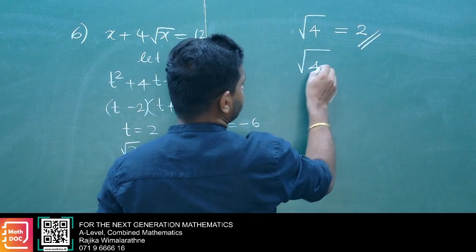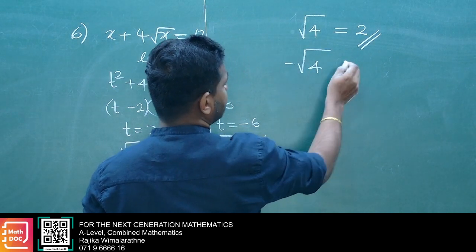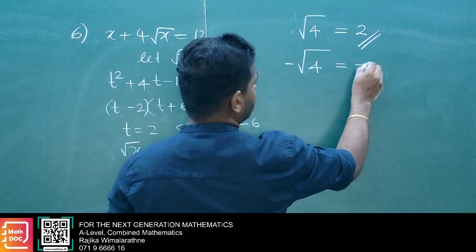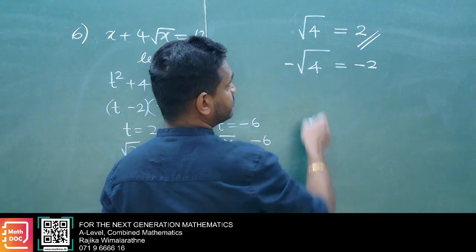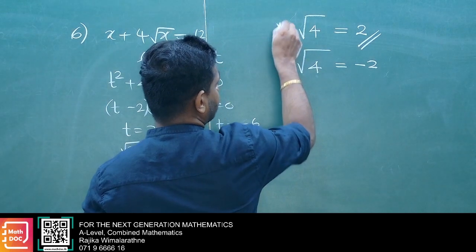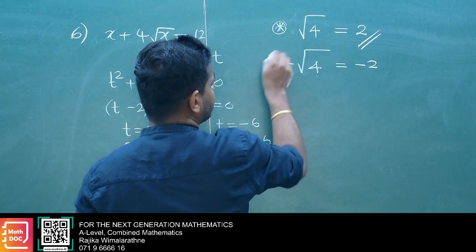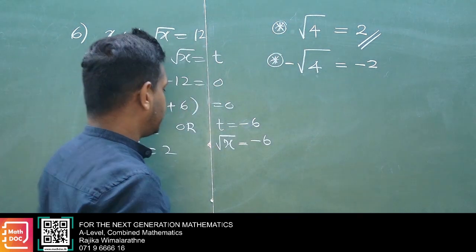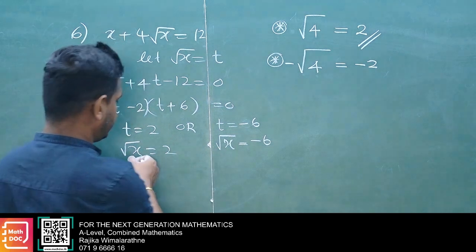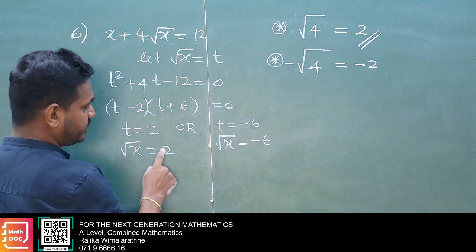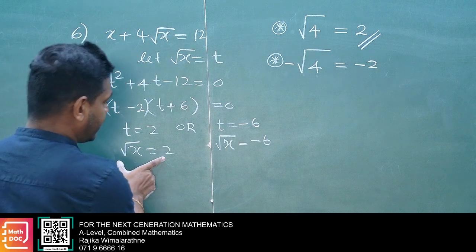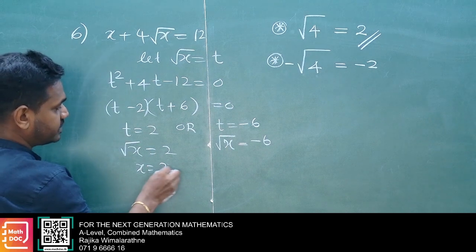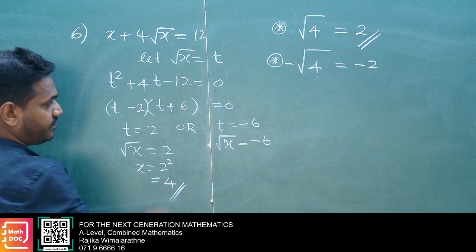Then for the root equal to minus 6, there is no solution. Okay. Then if you go here, root x equals 2, here positive, they match, no? Therefore you can square this. X equals 2 square, value 4.